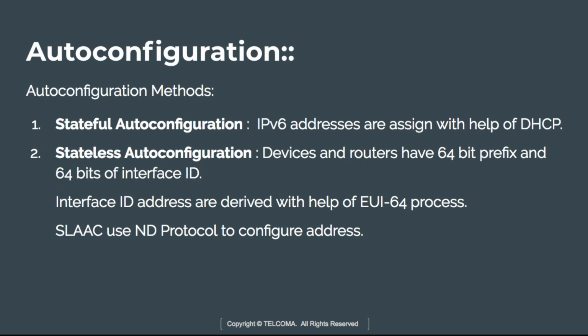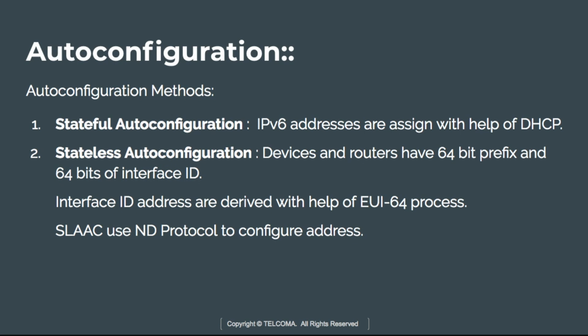In stateful auto configuration, the IPv6 addresses are assigned with the help of a DHCP server, that is, a dynamic host configuration protocol server. Whereas in stateless auto configuration, the devices and router have a 64-bit prefix and 64 bits of interface ID. As we have discussed the packet format of IPv6, we know that the 64-bit prefix comes first, and after that the address has the 64-bit interface ID.